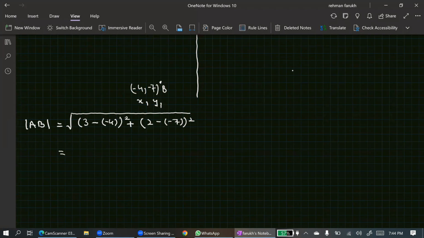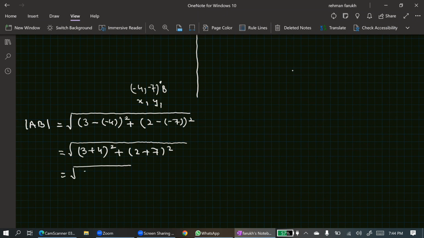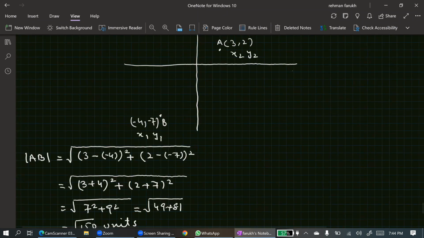Now we will simplify this expression. 3 plus 4 whole square plus 2 plus 7 whole square is equal to 7 square plus 9 square, 49 plus 81 is equal to root 150 units is the distance between the points A and B.